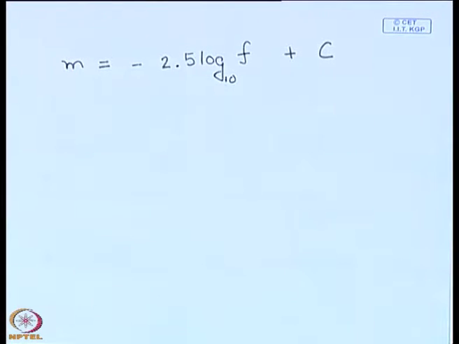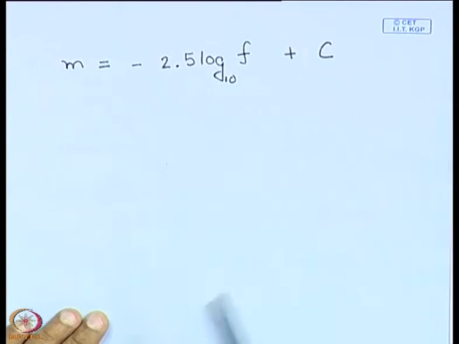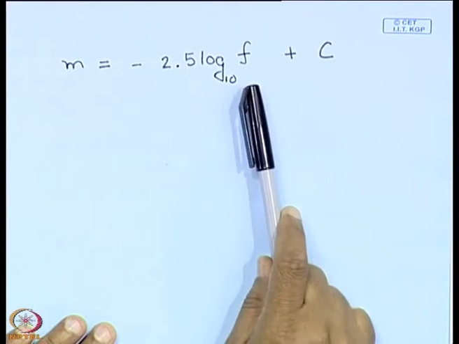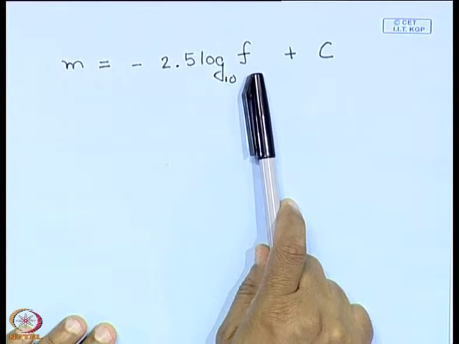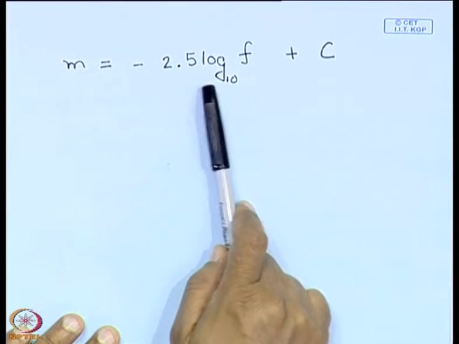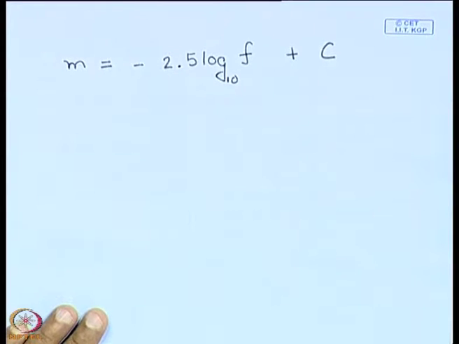So, it was found later that the magnitudes which were defined by the ancient Greek astronomers were related to the measured fluxes like this. The constant sets the 0 point of the magnitude scale. Right. Now, so this is the definition of the apparent magnitude.